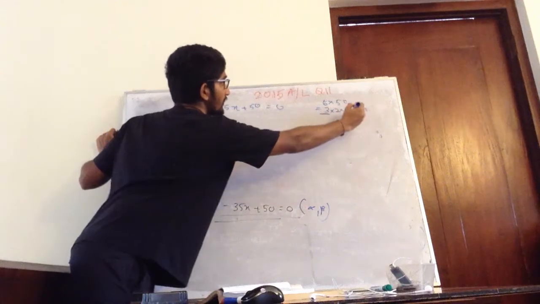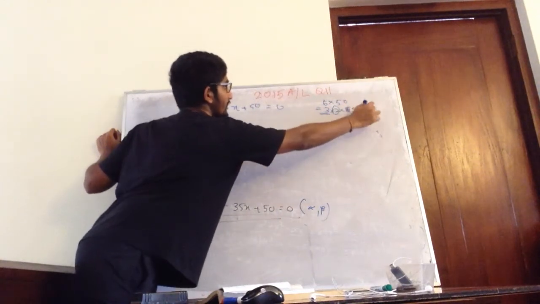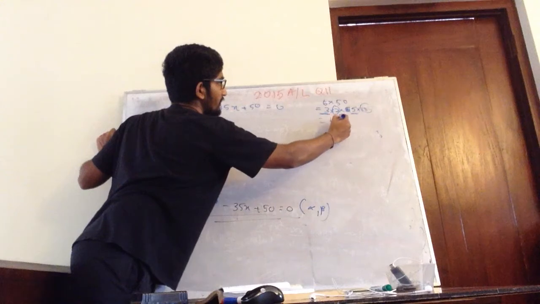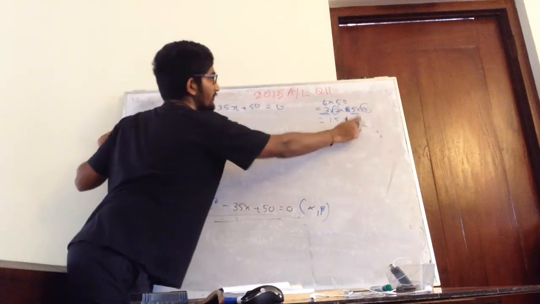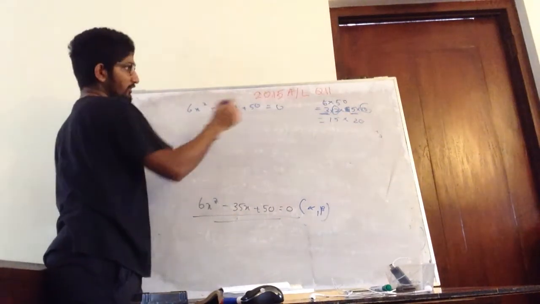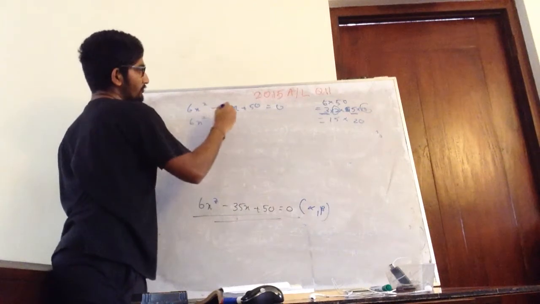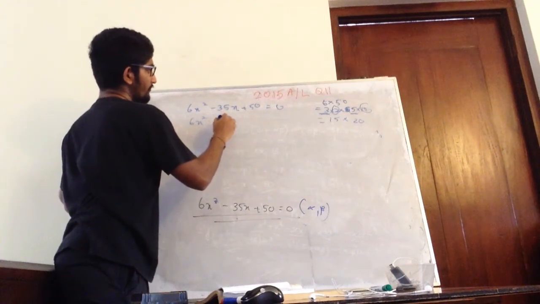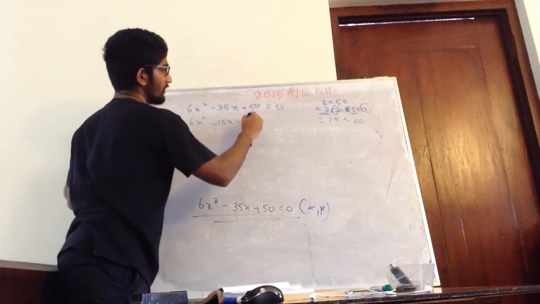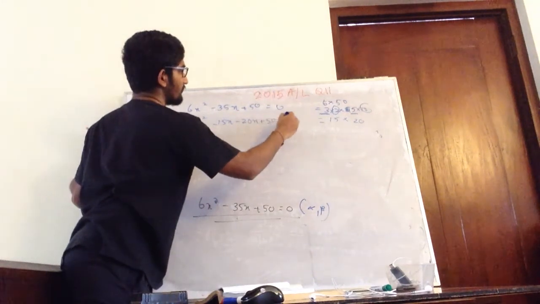Right, so 3, 5, 2, 10. That means 3 times 5 is 15, 2 times 10 is 20. So 15 plus 20 is 35. So I am going to take that approach: 6x squared minus 15x minus 20x plus 50 equals 0.